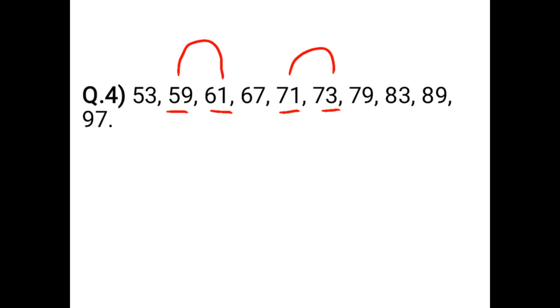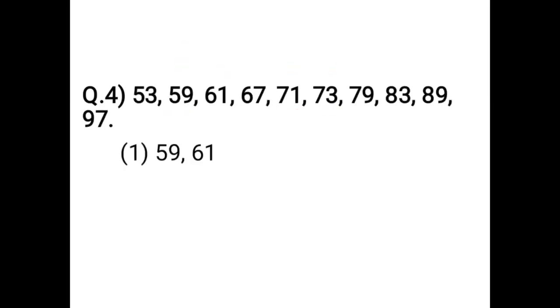You can't find other pairs of twin prime numbers here because you don't have one number gap in between. You will find two number gaps and three number gaps. So write the answer. First one is 59 and 61. Second one is 71 and 73.